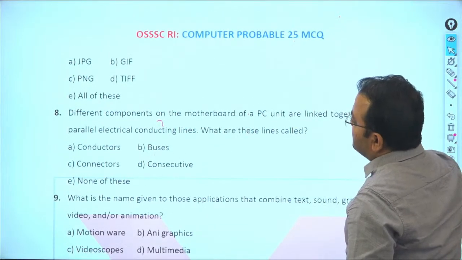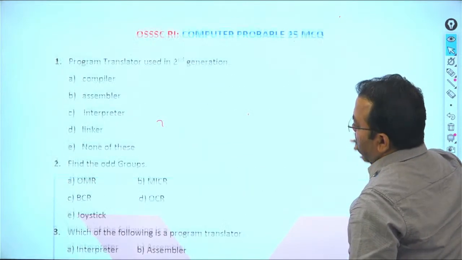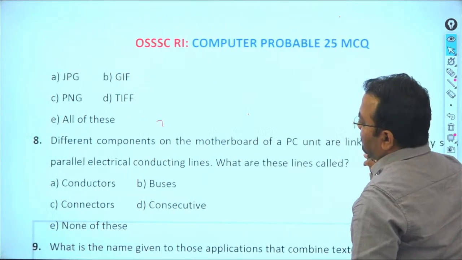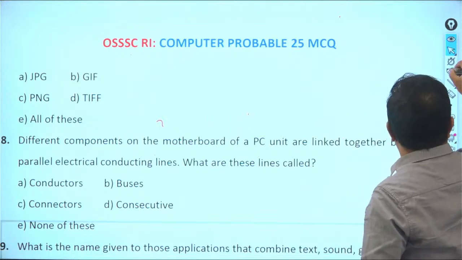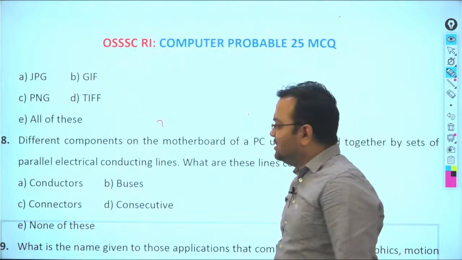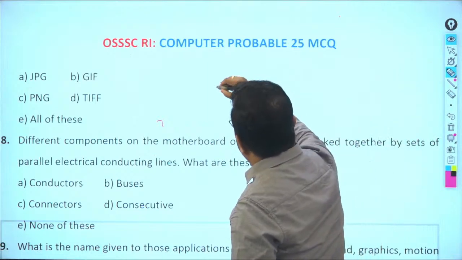In question number 7, it has asked from the following which is an example of an image file. So students, see here it has asked which is the example of an image file.